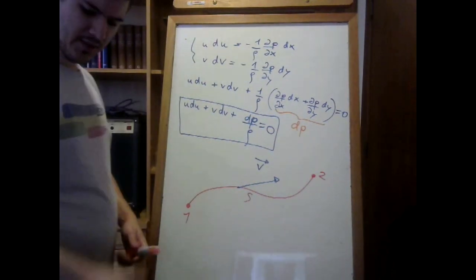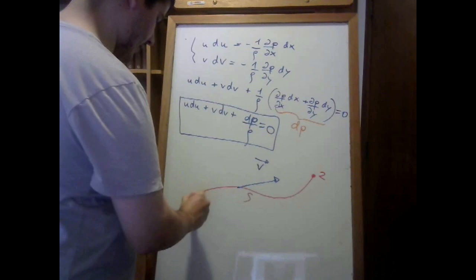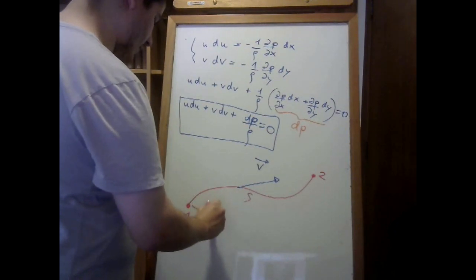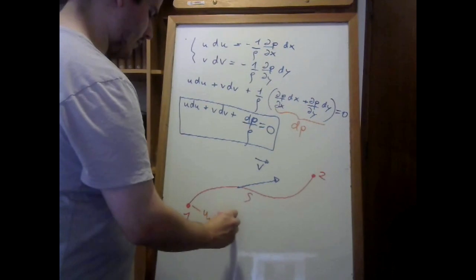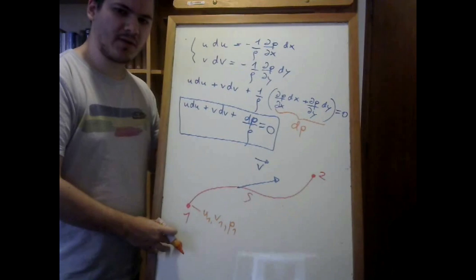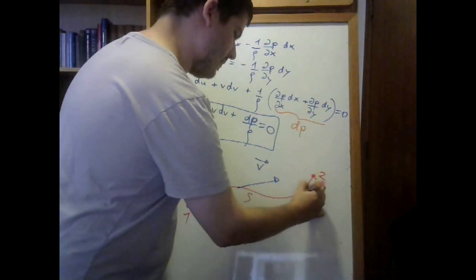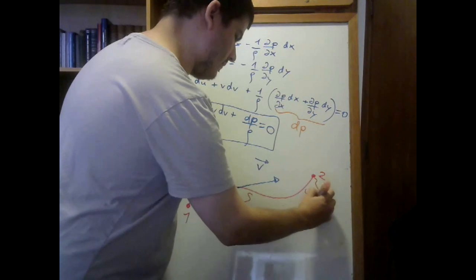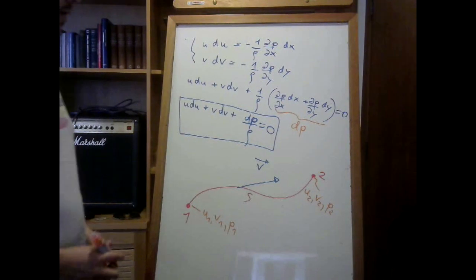So here at point number 1, we have U1, V1, and pressure 1. We have the velocity at point 1 and the pressure at point 1. And here we have U2, V2, and pressure 2. Right?